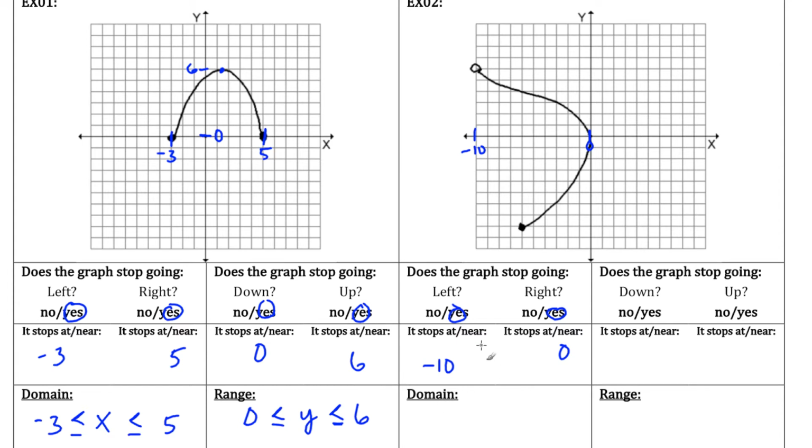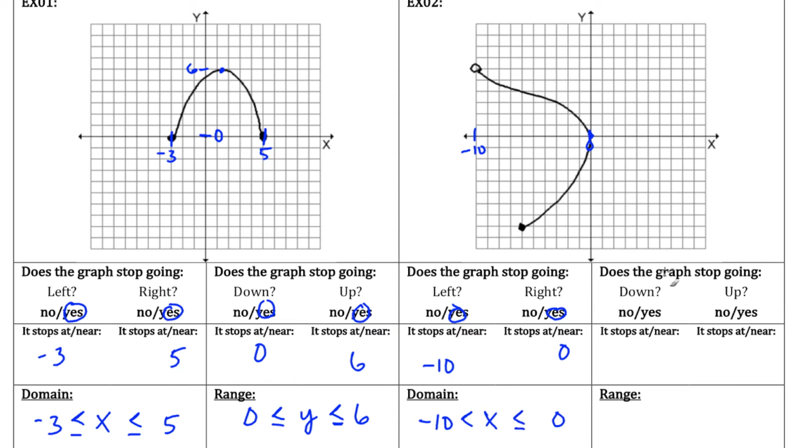Okay, so the x values are all between -10 and 0. It never quite reaches -10, like it gets to -9.9999999 because it's open. So it's not equal to -10, but it is bigger. And then right here, it actually does. Remember, that's just a point right there. So it can be equal to 0.